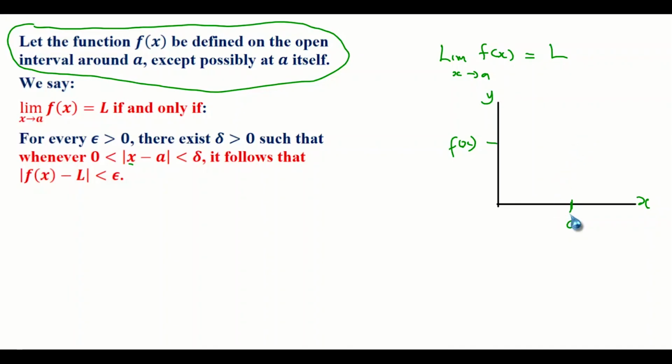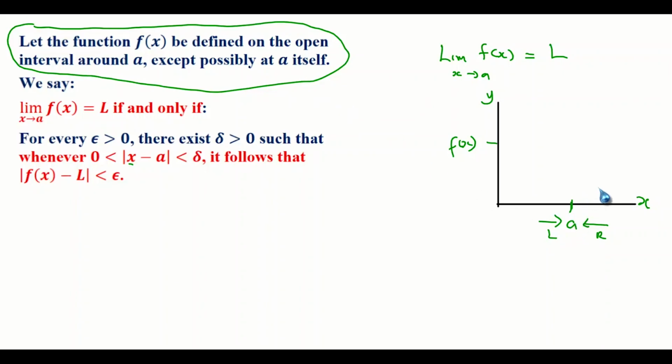But whether the function is defined at a or not, you can always get the limit because we are dealing with the distance around a, either from the left or from the right. So when it comes to the limit of a function, that is what this particular statement is saying, and a is excluded here.